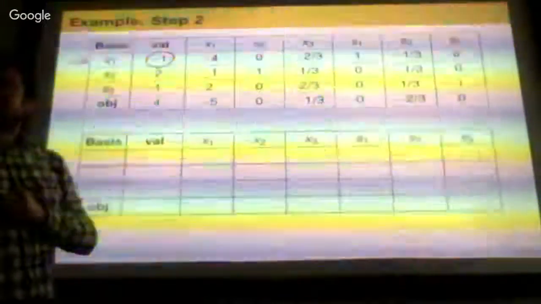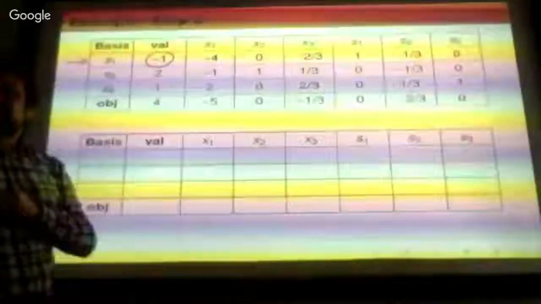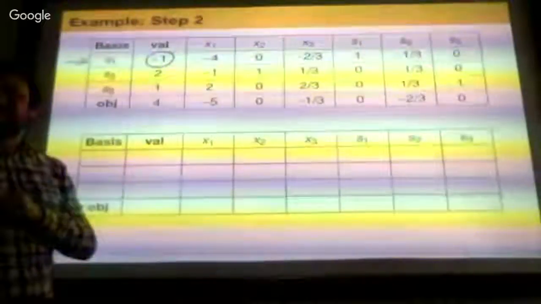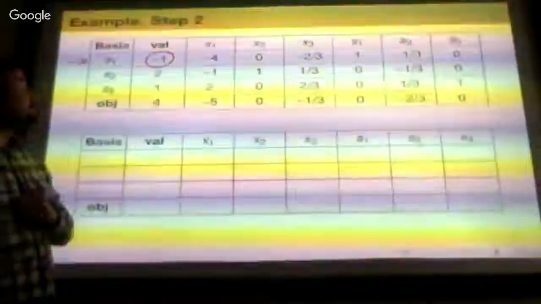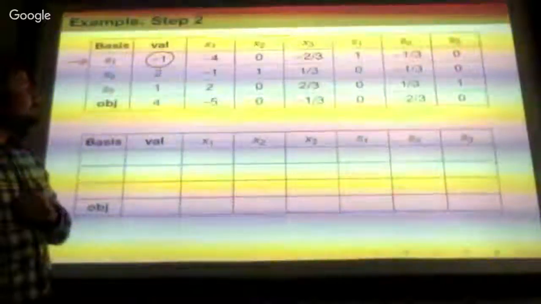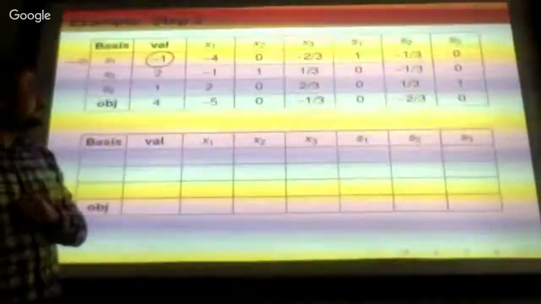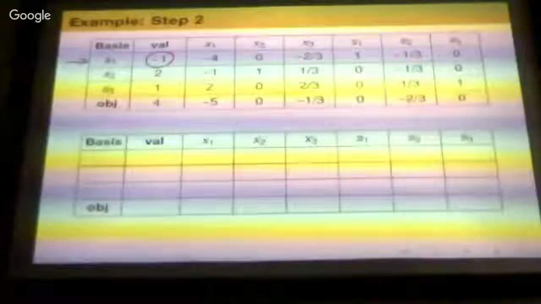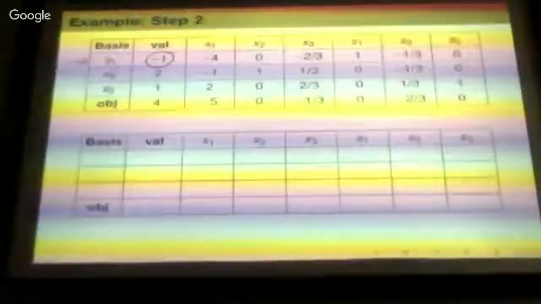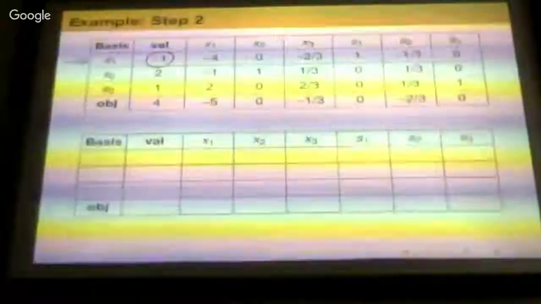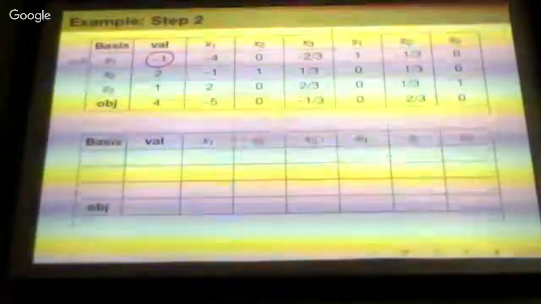How did you come up with X1? Okay, so we know the row. How do we get the column? It should be x3 because it's the smallest ratio. Is it the smallest ratio?